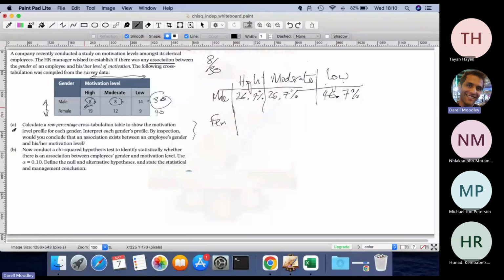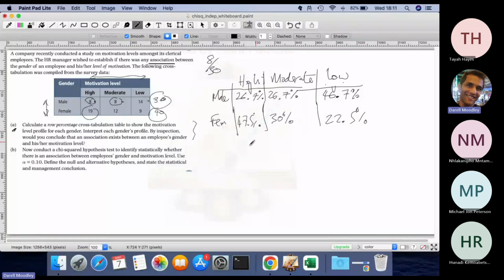For females, it's going to be 19 divided by 40 for the first value, and that gives you a percent, 47.5%. All right. And then for moderate, it's 12 over 40, and that gives you 30%. And then lastly, for low level of motivation, it's 22.5%.